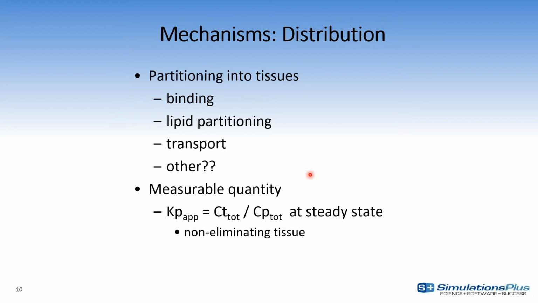So in the new version of ADMET Predictor 9.7, we did account for the lysosomal trapping, and I'm going to get to that in a few slides. And you can also use the measurable quantities to replace our Kp calculation.